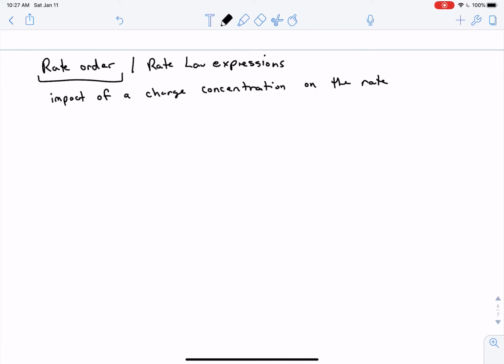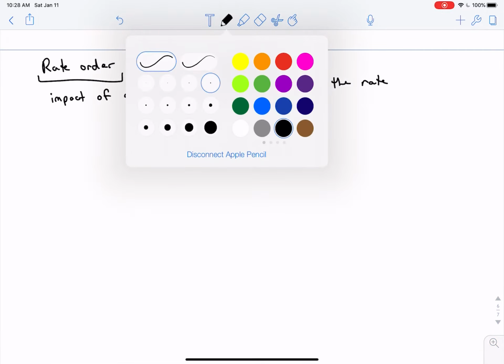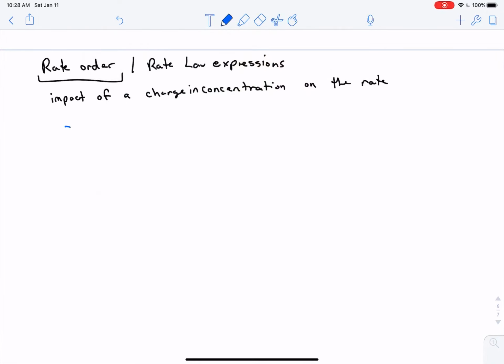And it's a mathematical impact, okay? And so you can have 3 scenarios with how a change in concentration affects the rate, okay?